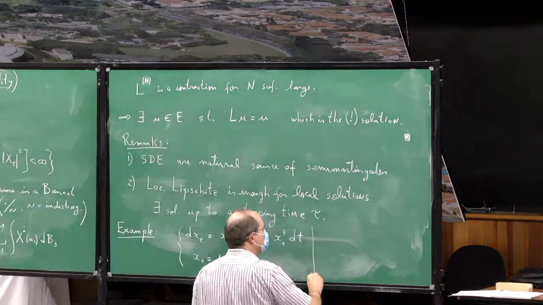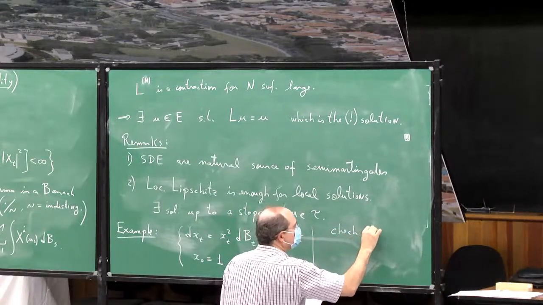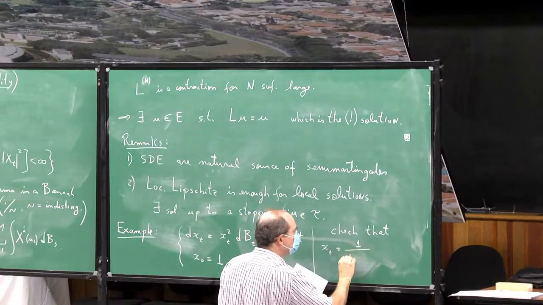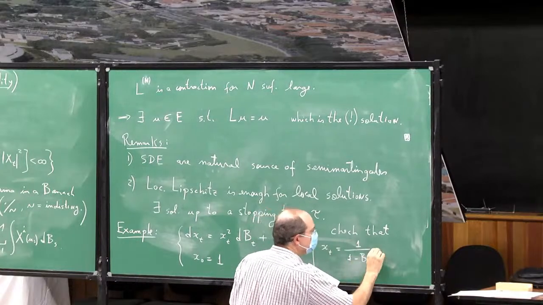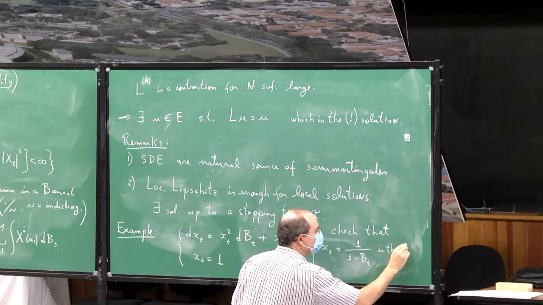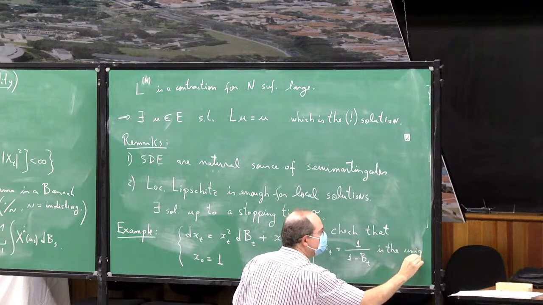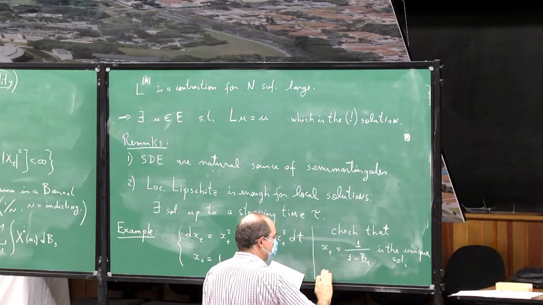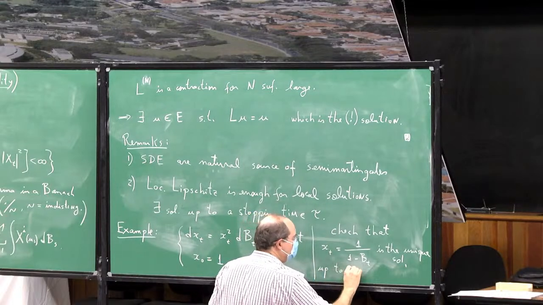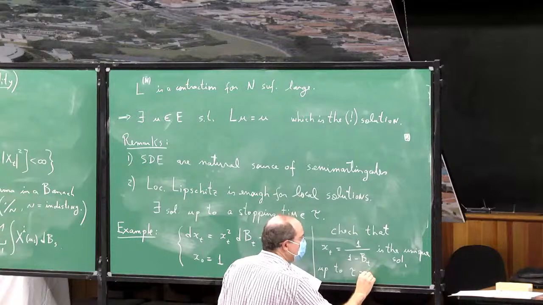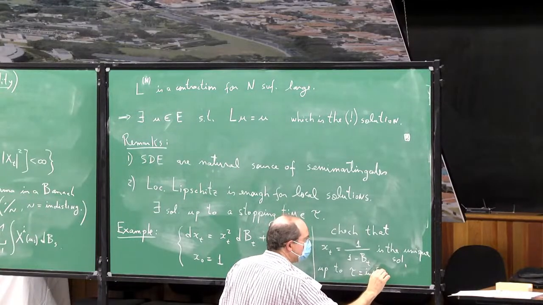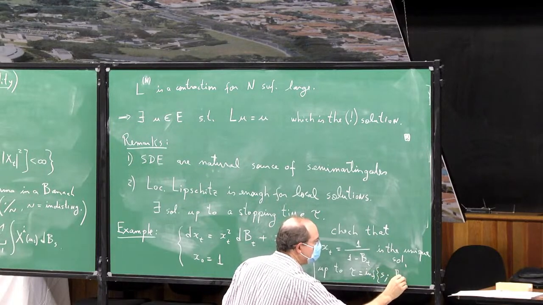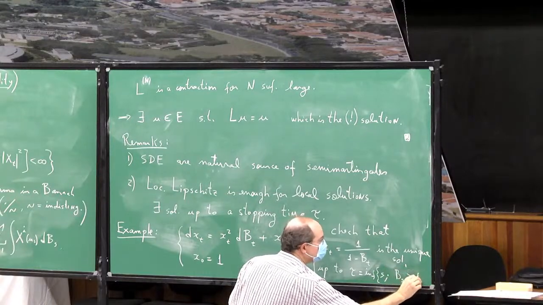And check that Xt equals 1 over 1 minus Bt is the unique solution up to tau, equal to the infimum of s such that Bs is greater than 1.